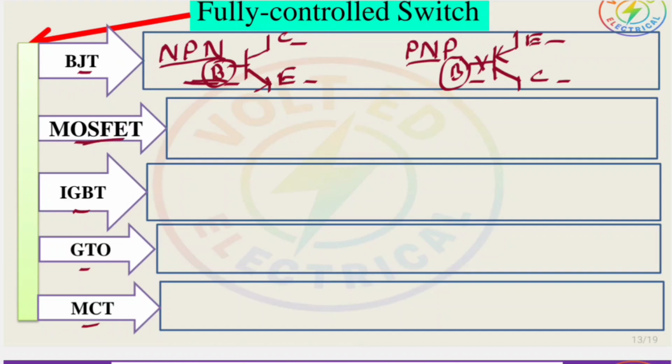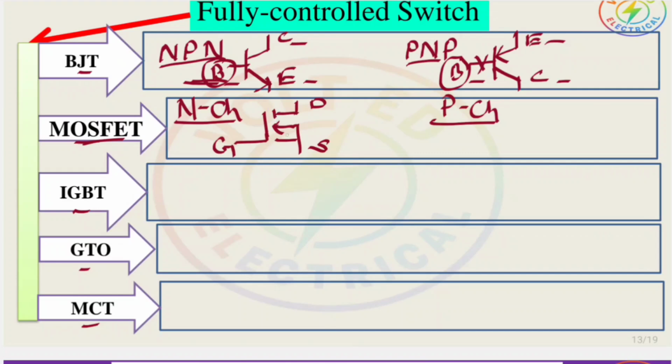MOSFET. MOSFET also has two types, one is N channel and the other is P channel MOSFET. This is the symbol of the N channel MOSFET. The three terminals are drain, source and gate.